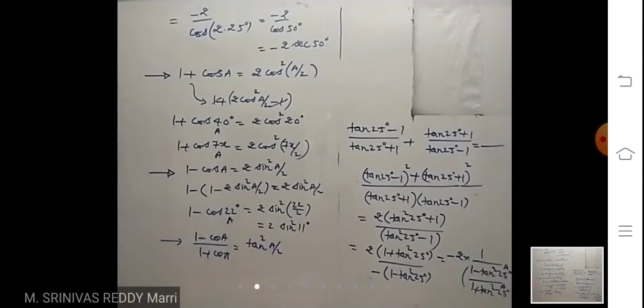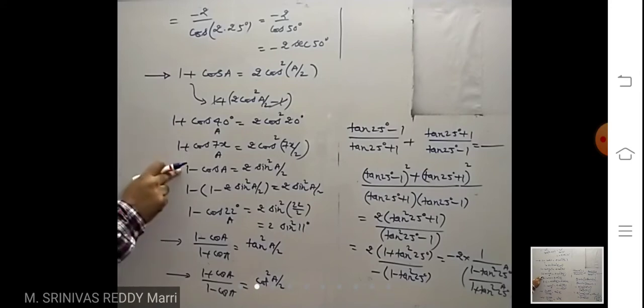Similarly, 1 plus cos a divided by 1 minus cos a is nothing but cot square a by 2. If you remember these two well, whenever they are there, you can write that.